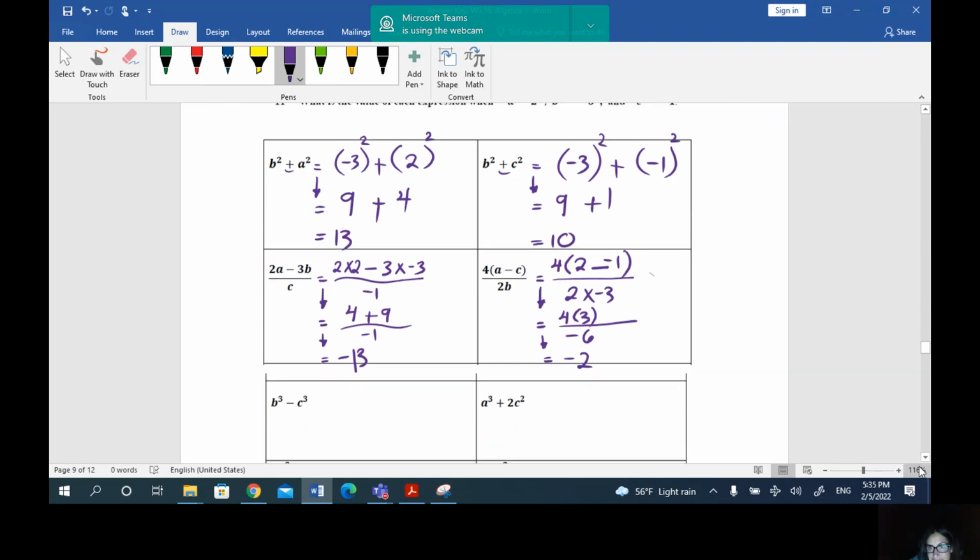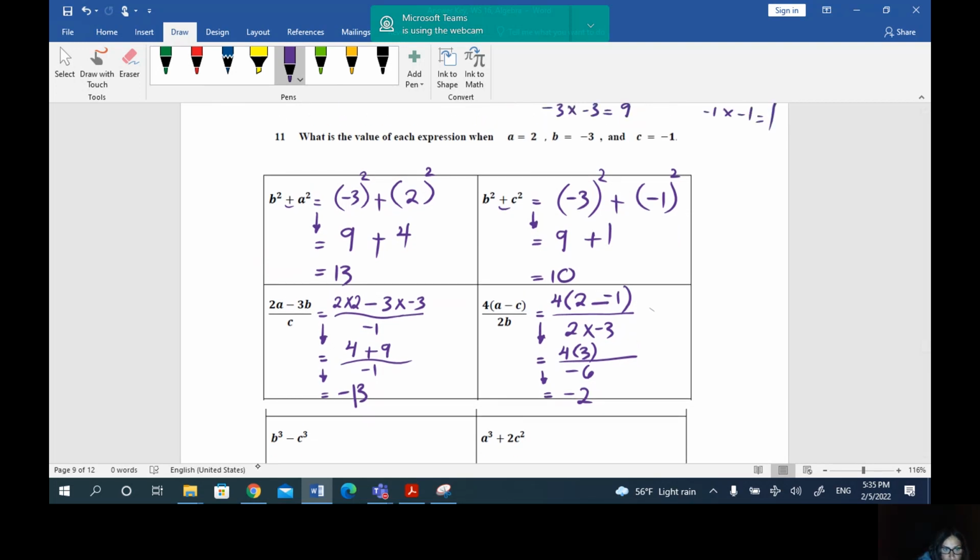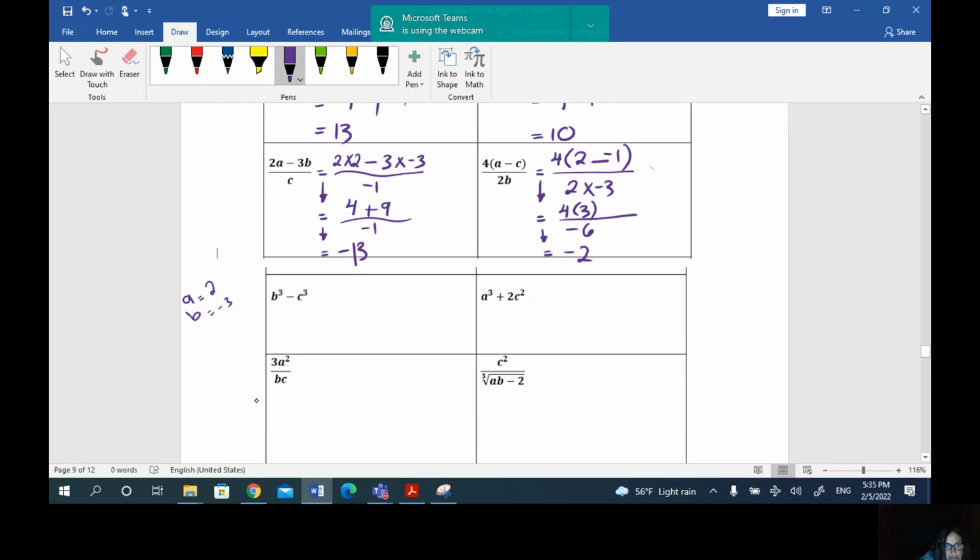Okay, since I can't see the numbers here, I'm going to write here a is equal to 2, b is equal to -3, and c is equal to -1. All right, so here it will be b cubed minus c cubed. We open a bracket to the power of 3 minus another bracket to the power of 3. B is equal to -3 and c is equal to -1.